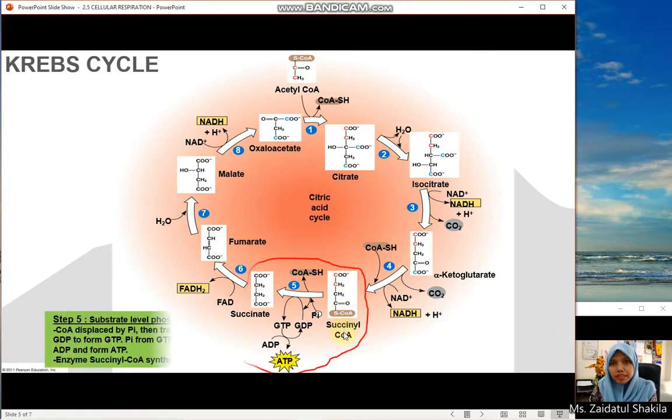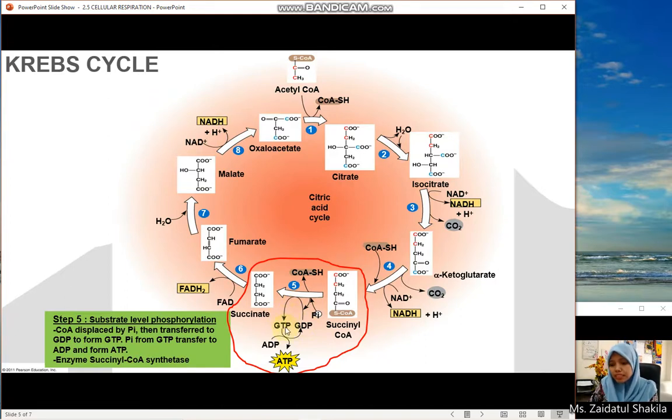Step number 5 is the formation of ATP via substrate level phosphorylation. In this step, coenzyme A is displaced by inorganic phosphate, and then that inorganic phosphate will be transferred to guanosine diphosphate forming guanosine triphosphate.